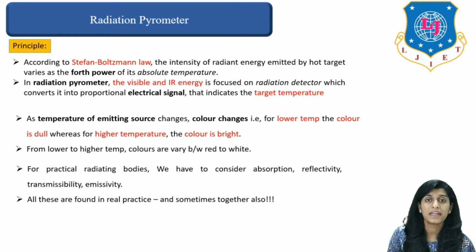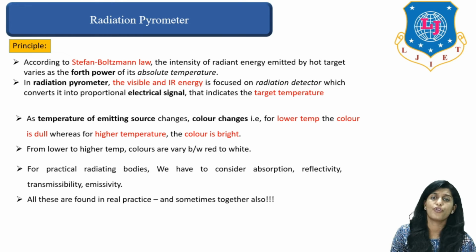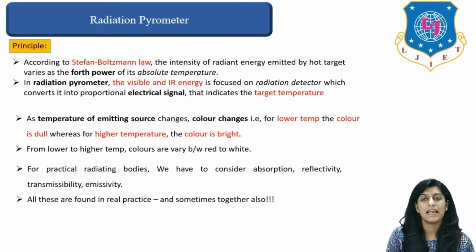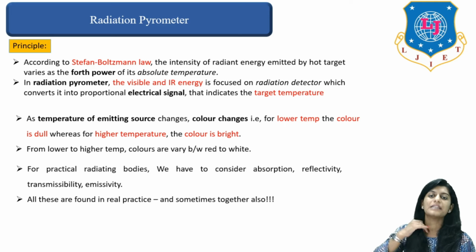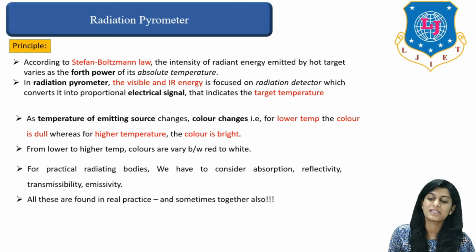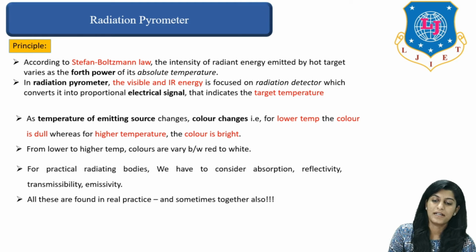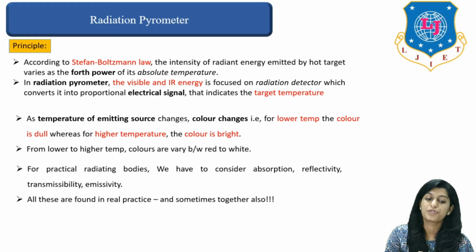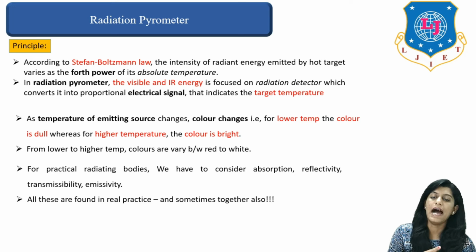And in some cases we need to use all four of them to detect our desired temperature. So we must first understand how many of them we need to consider for our equipment, right? So we can use absorption, reflectivity, transmissibility and emissivity.